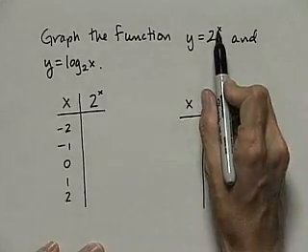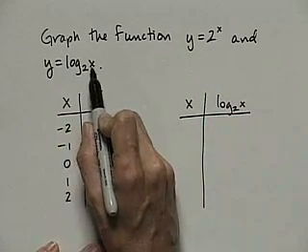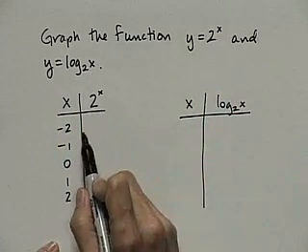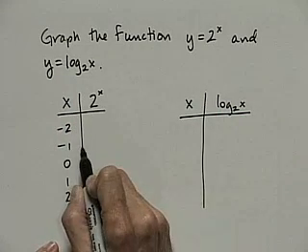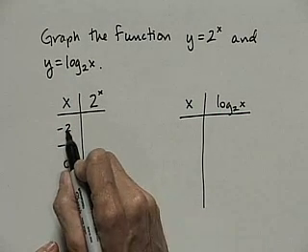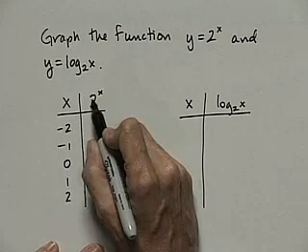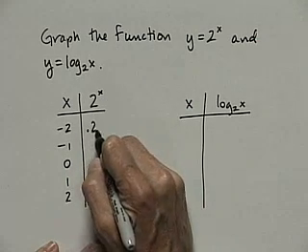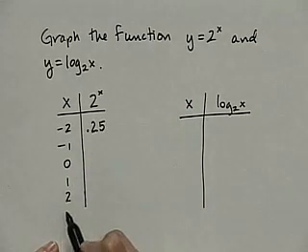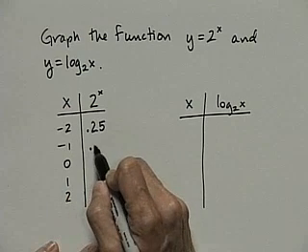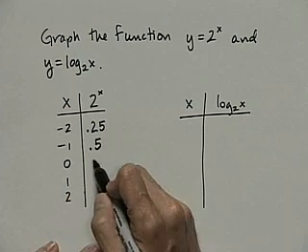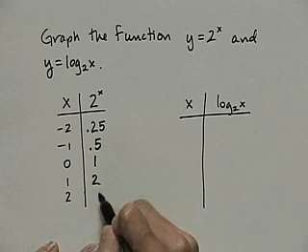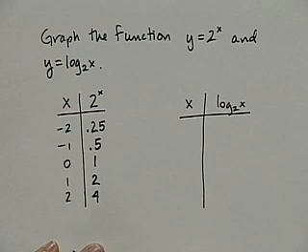Well, let's put in some numbers and graph an exponential function and its inverse. What we want to do is graph the function y equals 2 to the x and the function y equals log base 2 of x. We'll do that by making tables of values starting here with 2 to the x. If x is negative 2, I find 2 to the negative 2, which is 0.25. 2 to the negative 1 is 0.5. 2 to the 0 is 1. 2 to the 1 is 2. 2 squared is 4.